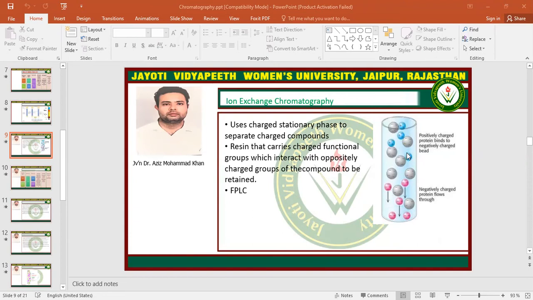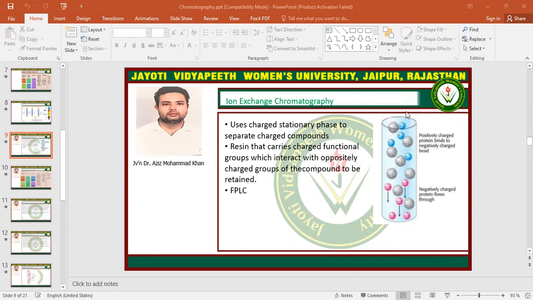So we have beads of both charges, some positively charged beads and some negatively charged beads, for the separation of the charged particles. The positively charged proteins will bind to negatively charged beads.